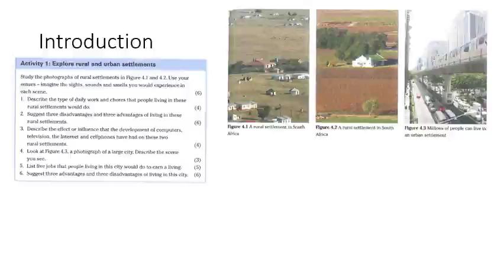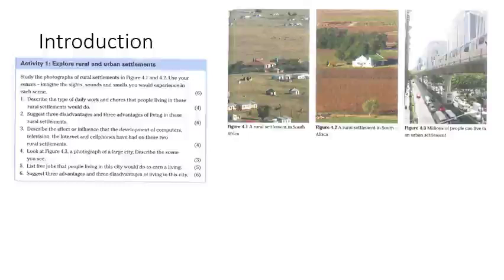What type of living do you think they do? How many people do you think live in each of those settlements? Are there more in the urban or are there more in the rural? Could you possibly tabulate any similarities and differences on a piece of paper? And what other type of rural and urban settlements do we have in South Africa?